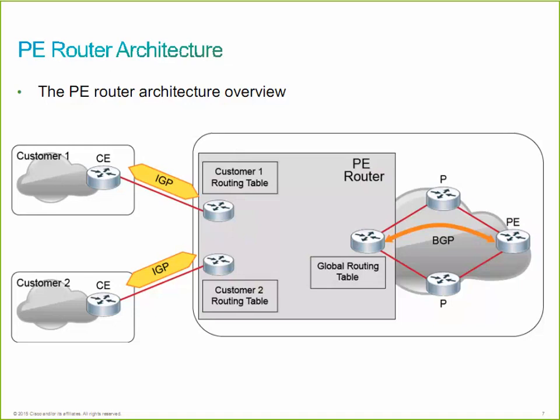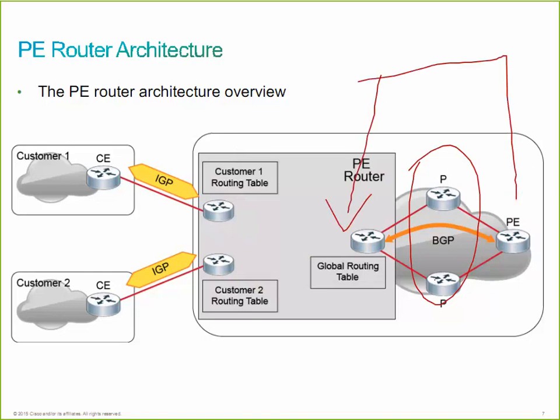Okay. And then MPBGP. So the P routers don't know anything about the customer routes. Does that make sense? The P routers themselves are not going to have a routing instance or any kind of route from the customer side. The only exchange of customer routes is between the PE routers.